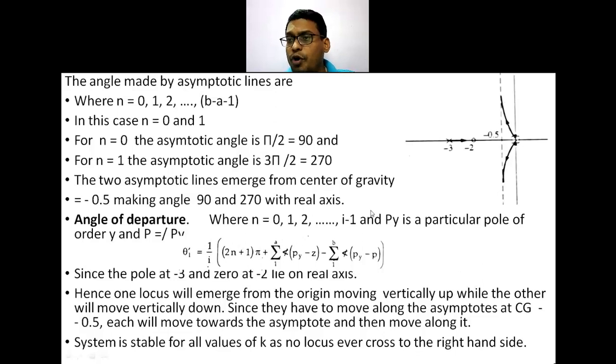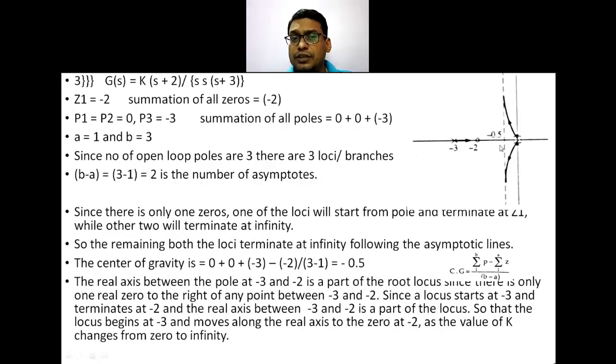Now after plotting all these things, we can see that the two poles are at 0, one pole is at -3 and one zero is at -2, and the center of gravity is at -0.5.